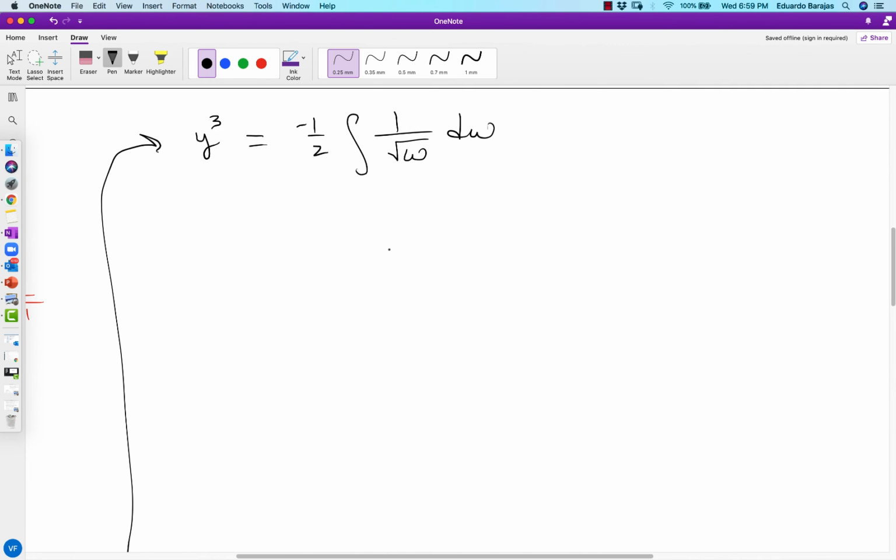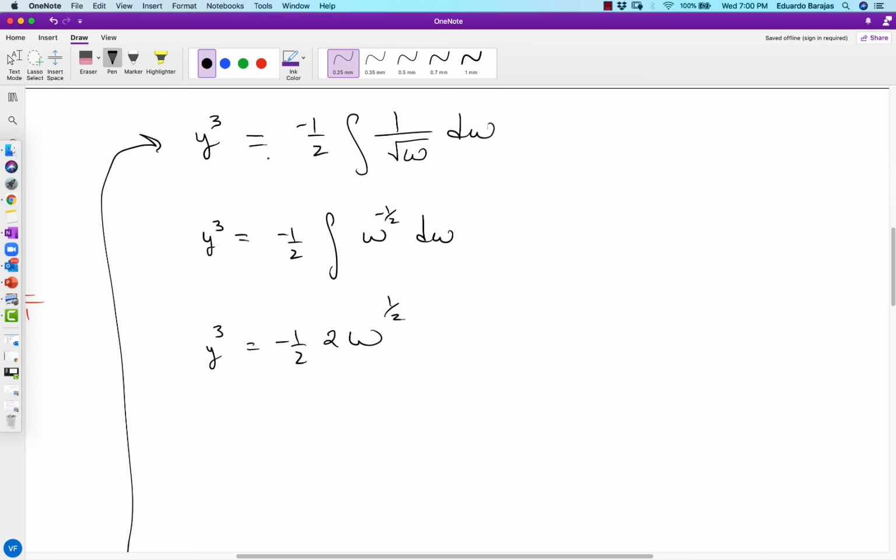I'm going to rewrite this. y to the third power equals negative 1/2 integral of w to the negative 1/2 power dw. And so y to the third power equals negative 1/2 w to the 1/2 power. And then I know that when I take a derivative, I added 1 to the exponent. When I take a derivative, I'll have a 1/2, so I have to balance it out with a 2. And this will give me that result right there.